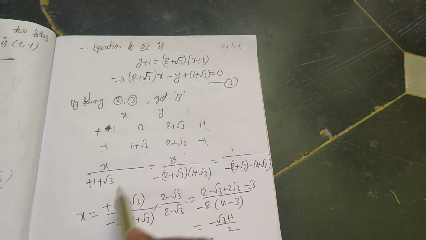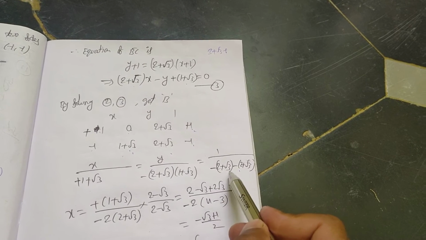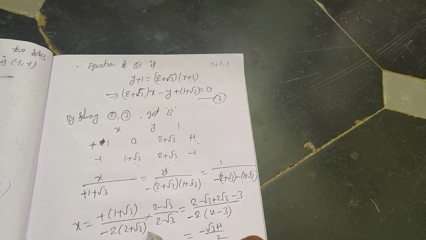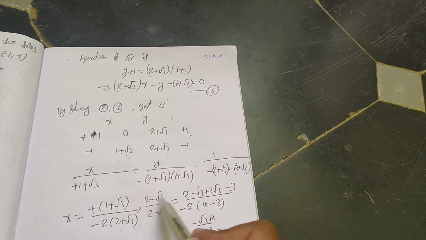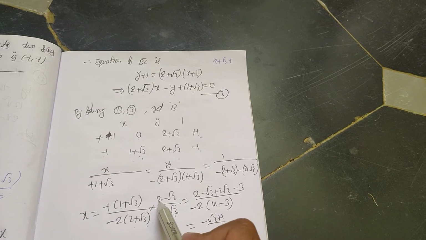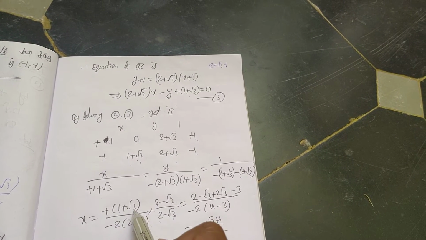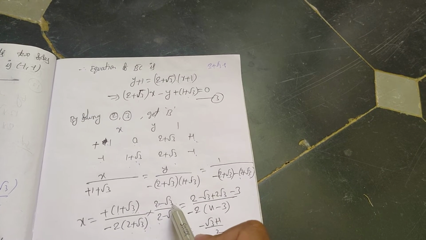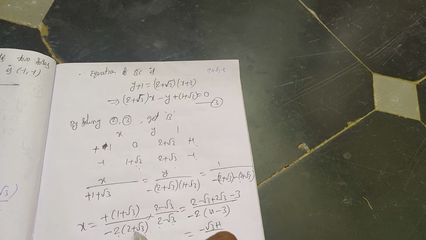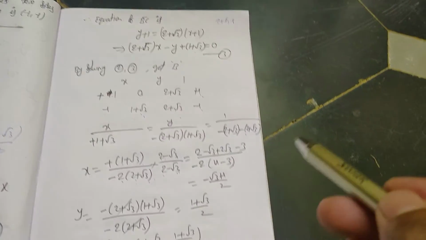So x is equal to 1 plus root 3 by minus 2 times of 2 plus root 3. Rationalize this 2 plus root 3, that gives 2 minus root 3 by 2 minus root 3. This is equal to 1 into 2, 2 minus root 3 plus 2 root 3 minus 3, by minus 2 into 2 plus root 3 into 2 minus root 3, that is 4 minus 3.